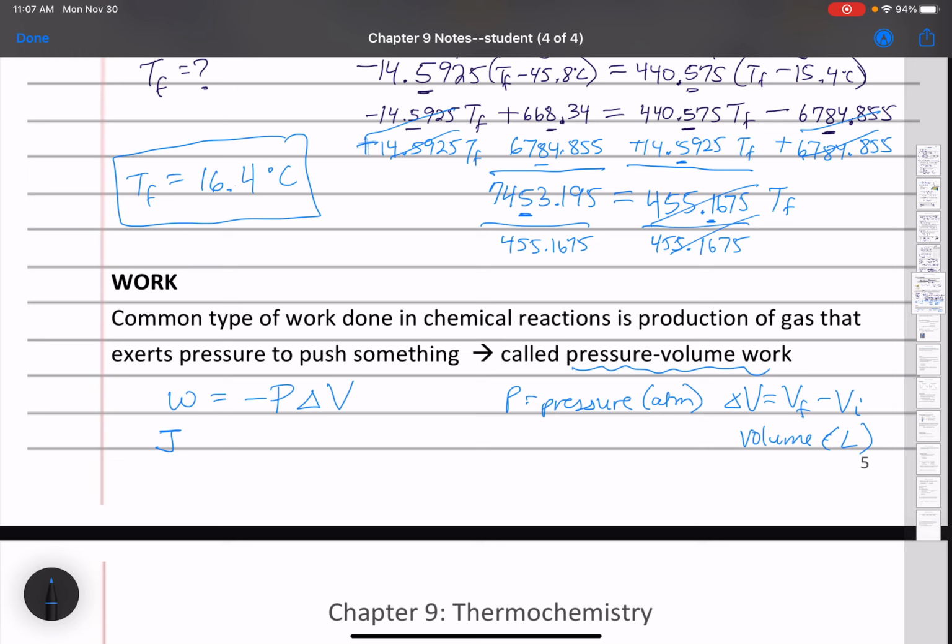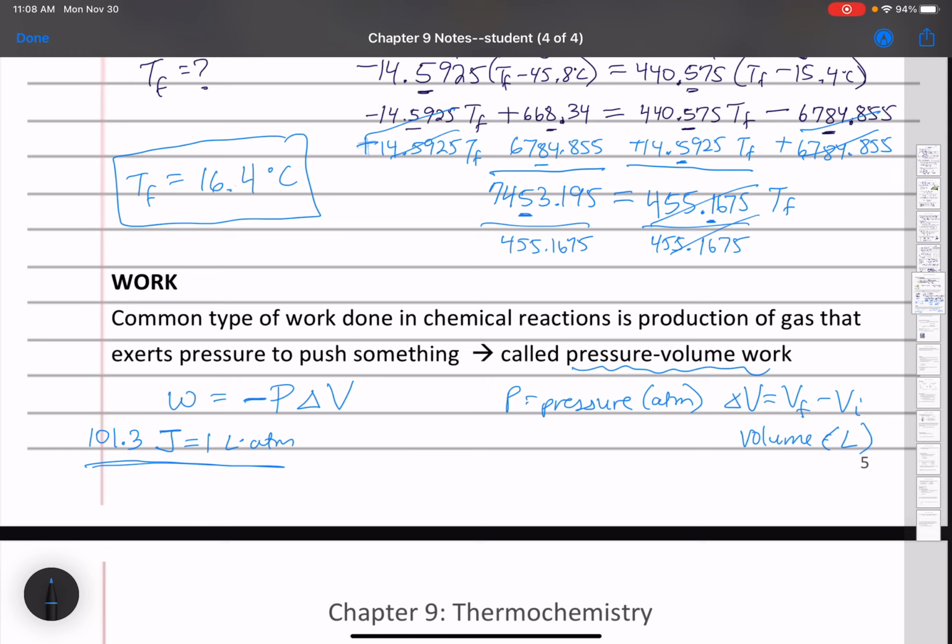And as it turns out, 101.3 joules is equal to 1 liter atmosphere. So we can convert those liters and atmospheres into joules using this equivalency here. So when the change in volume is negative, then work ends up being positive, because of that negative factor there.